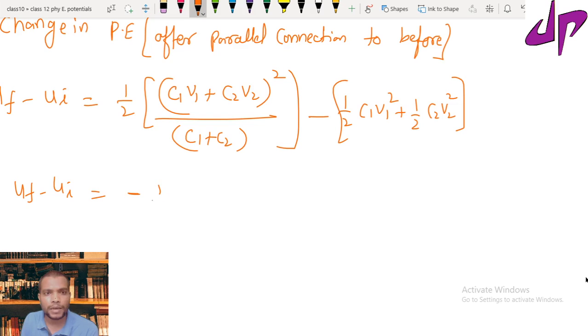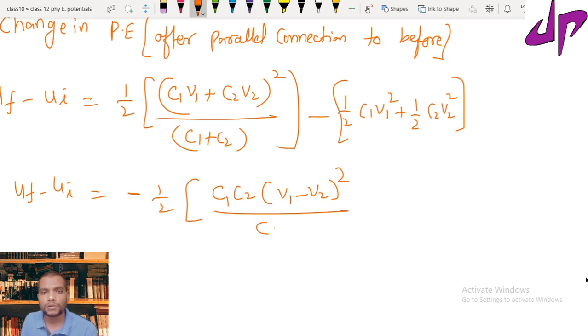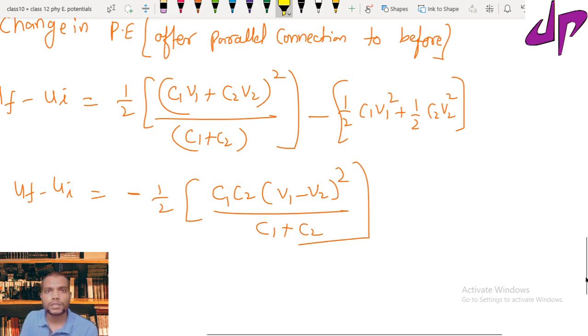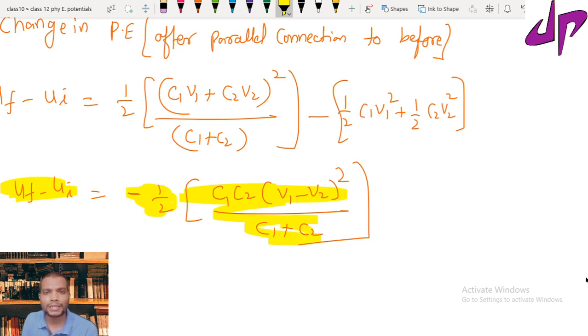So you get minus half of C1 C2 of V1 minus V2 whole square upon C1 plus C2. So this is the final expression after solving all that arithmetic and simplification.